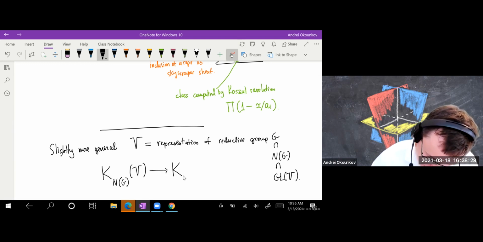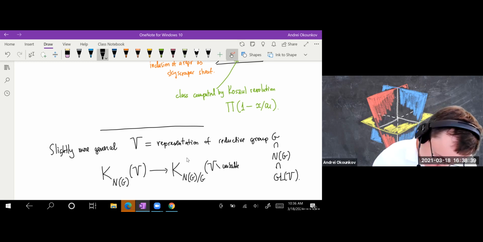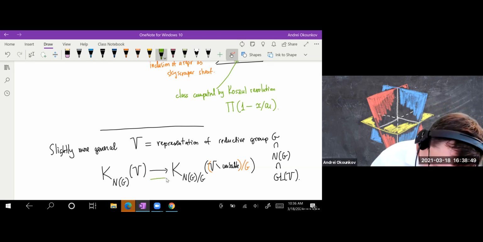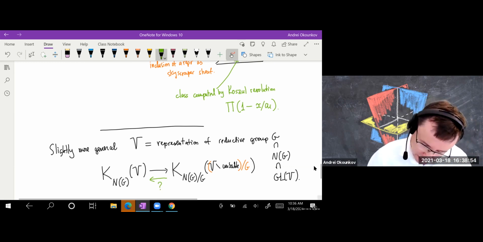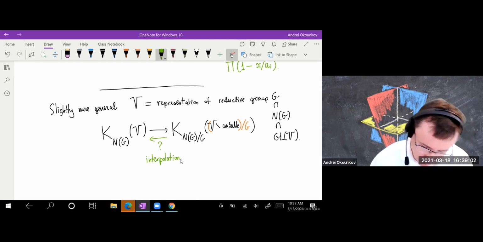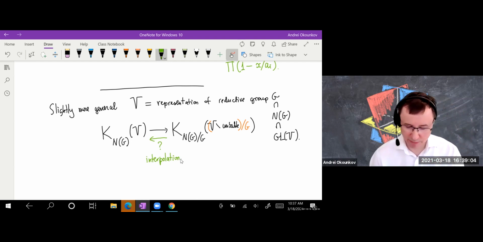There's a map from this to the normalizer of G mod G equivariant K-theory of V minus unstable, mod G. So there's this natural map, and then you can ask about interpolation as extending. So this is the interpolation problem. Right, and similarly in cohomology.